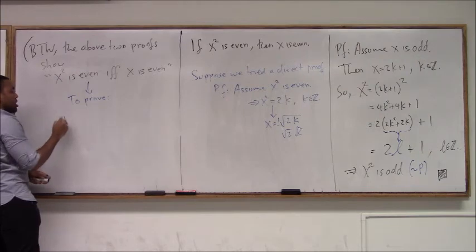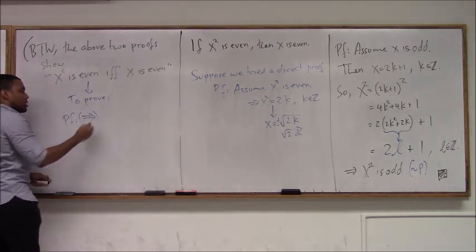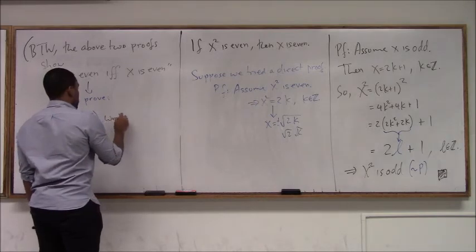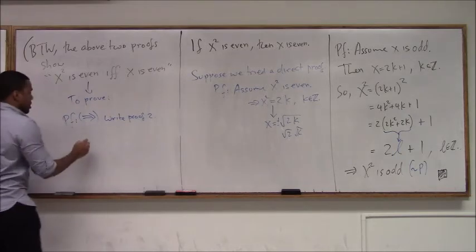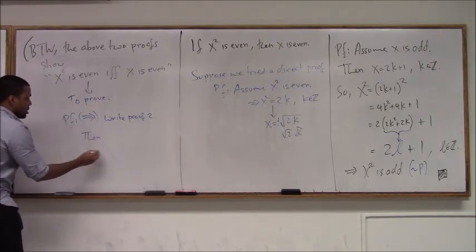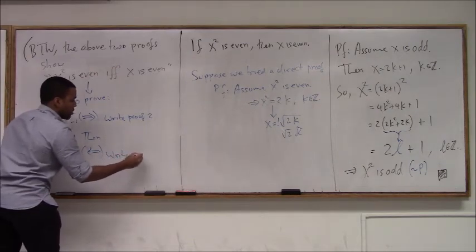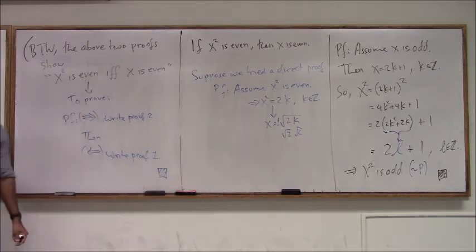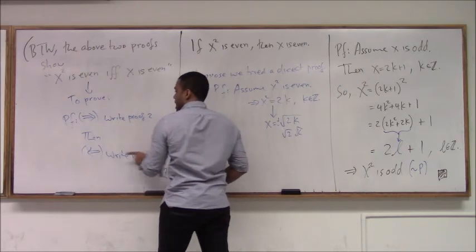You would usually start by showing which direction you're proving, then write proof 2. Then, if you draw the arrow in the other direction, you would write proof 1, and then you'd end the proof. You have to show that it works this way and it works that way.